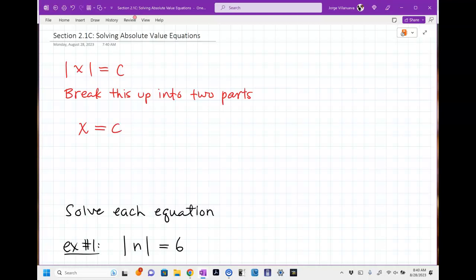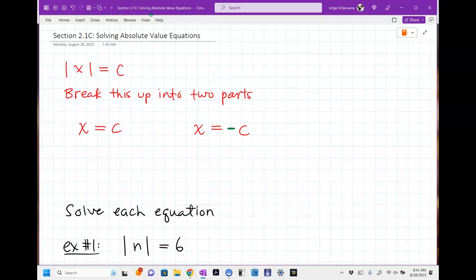And the second part is almost identical, but you're going to notice one change. You make it equal to the negative of the original value. Okay? So x is equal to c, x is equal to -c. So whenever you see an absolute value equation, you're going to break it up into two parts.